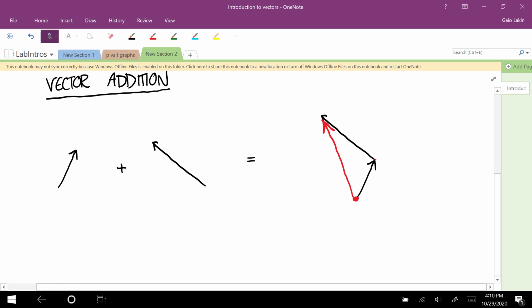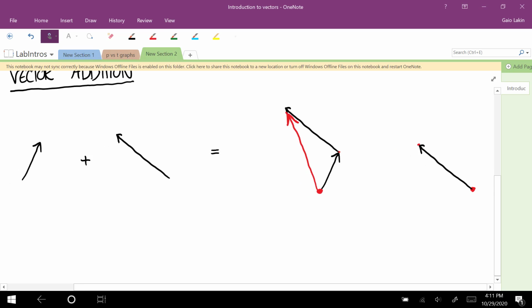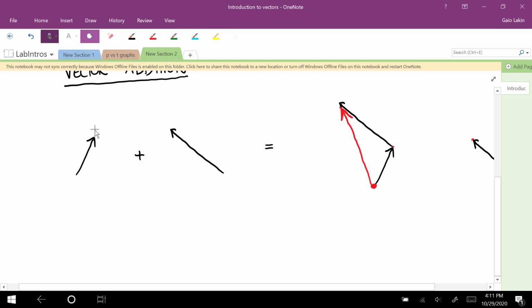Just think of the resultant as a shortcut from the start to the end. And the order that you add these doesn't matter, because notice that I could have started with this one. Okay, so let's say that this time I start here, and this is the stopping point, the intermediate point.